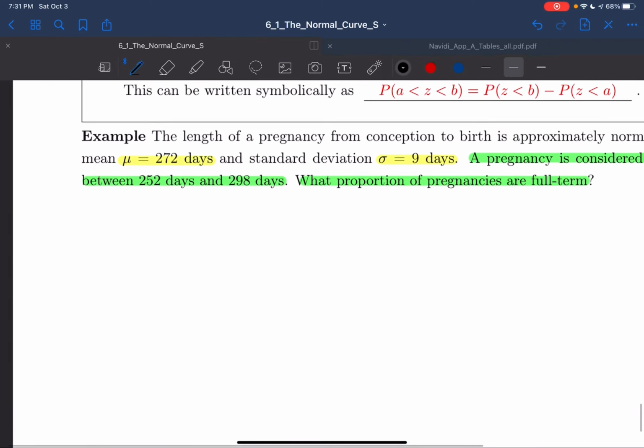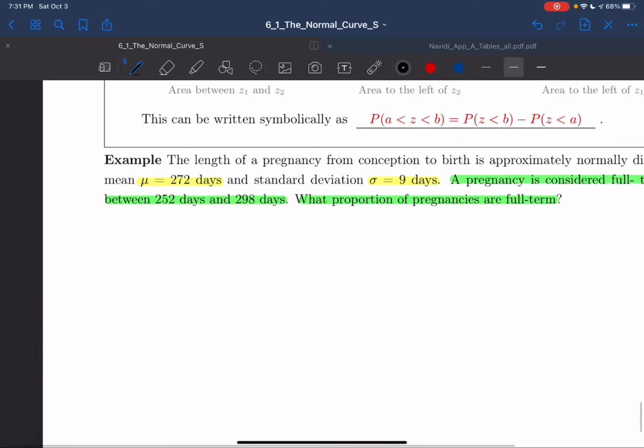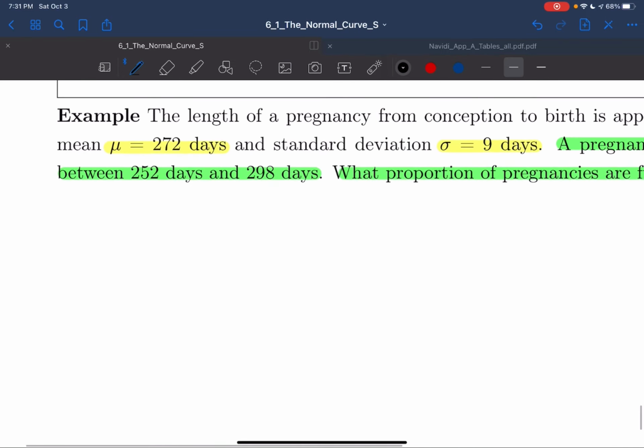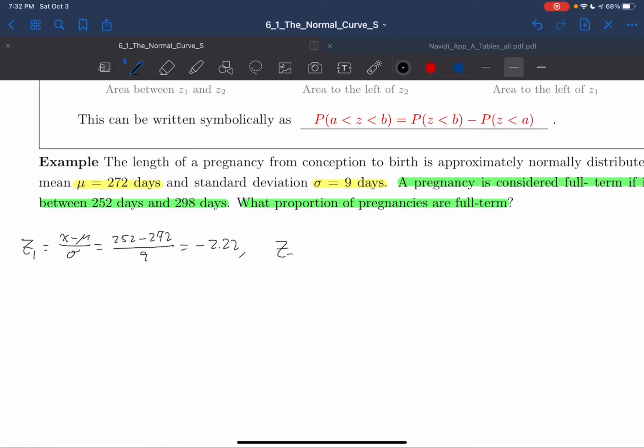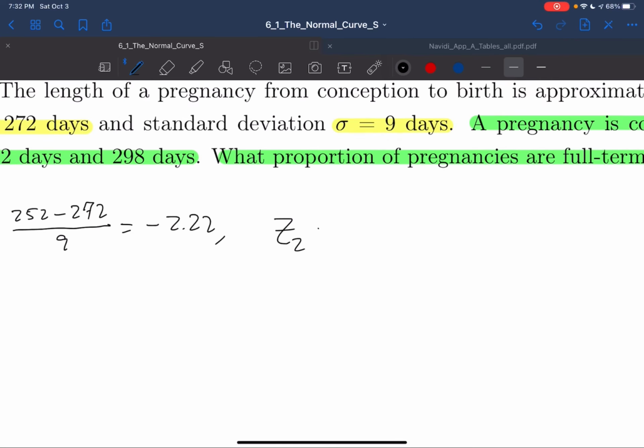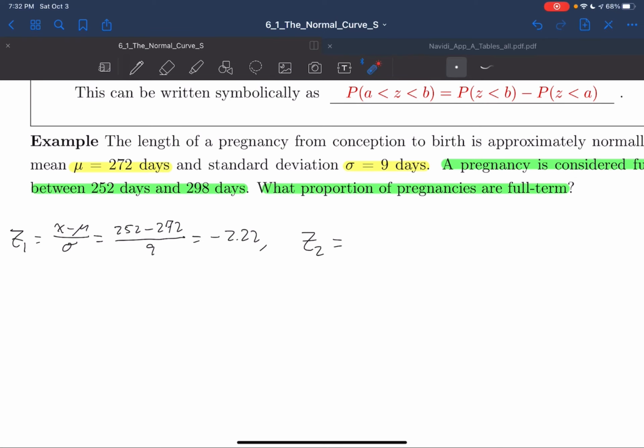So let's compute our z1 and z2. Now we're computing two z values. For z1, it's x minus mu over sigma. Here, our x will be 252, so 252 minus 272 over 9, and this is going to be negative 2.22. For z2, we do the same thing with the 298 days.